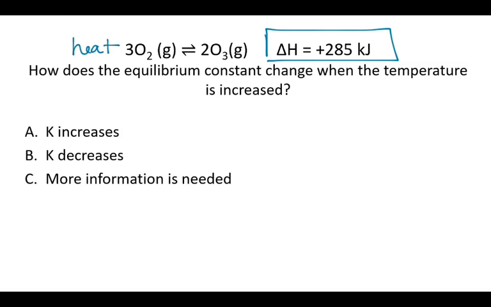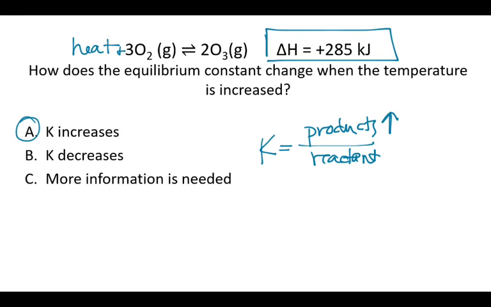And so if we increase the heat by increasing the temperature, then that means we're going to increase the reactants, which is going to make more products. Since K is products over reactants, then increasing the products is going to increase the value of K. So K will increase.